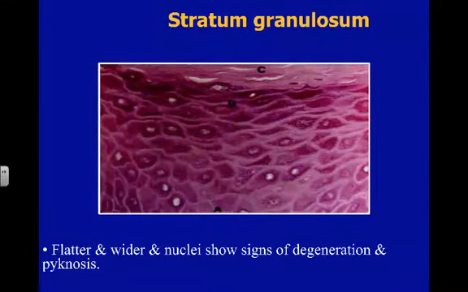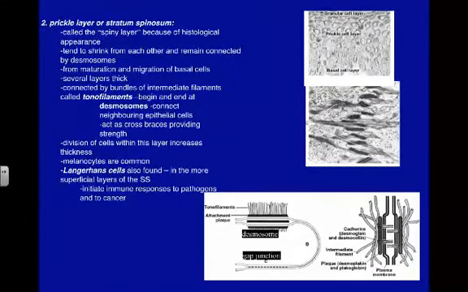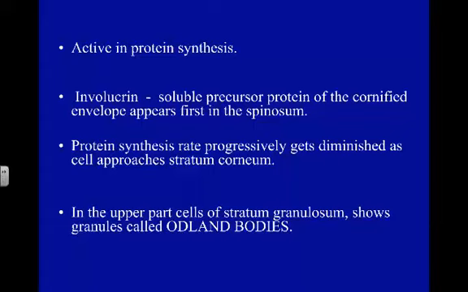In the granulosum, we're making lots of granules, and we begin to see the nuclei die. On the basal part, by the way, just remember, we have basement membranes, and of course we have hemidesmosomes. The spinosum cells shrink from each other only in histological preparation for the most part, and again, desmosomes are important.